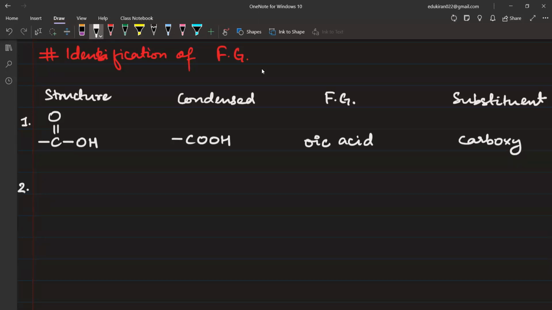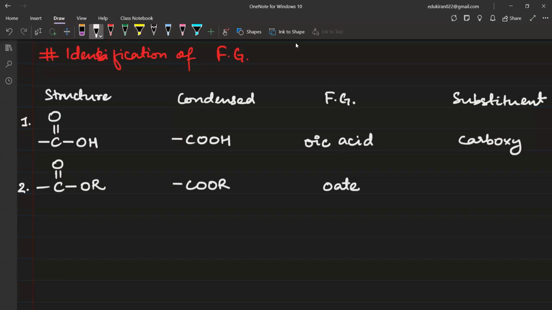Second, you are going to write C double bond O and OR. And in condensed form, it is going to be COOR. If it is a functional group, then you are going to write oate.